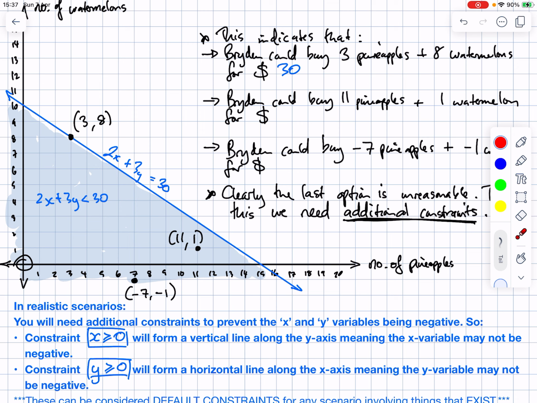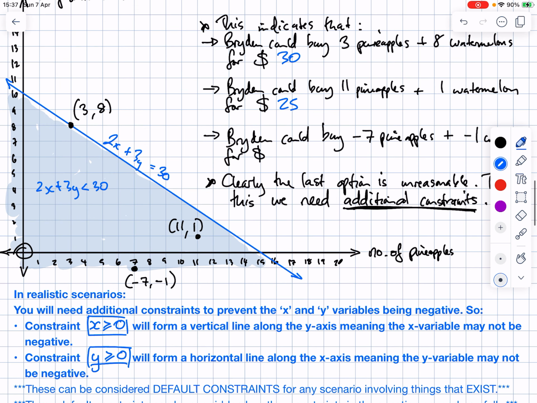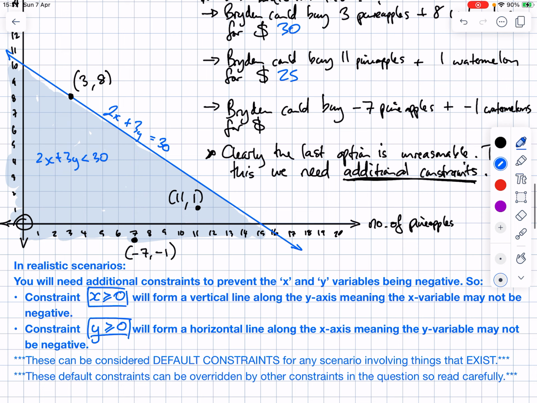He could buy 11 pineapples and 1 watermelon. What would the result of that be? 11 times 2 is 22, plus 1 watermelon, $25. Spending $25 there, which is okay because he could spend up to and including $30.